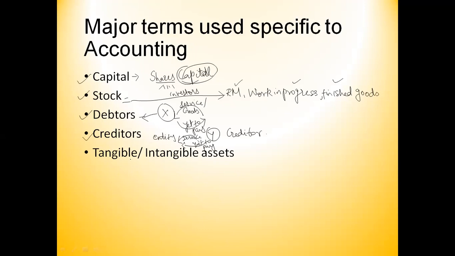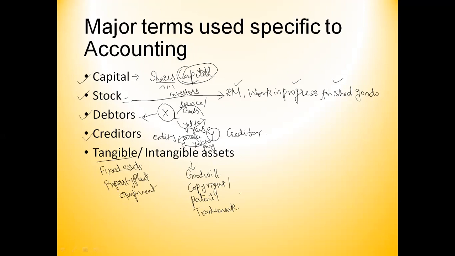Finally, in common terms, we call this a fixed asset, right? In the new accounting standards, we call it property, plant, and equipment. So it is nothing but a tangible asset. Intangible assets could be things like goodwill, copyright, patent, or trademark. These are assets meant to be used in running the business, and the benefits of such assets extend for more than one financial year.